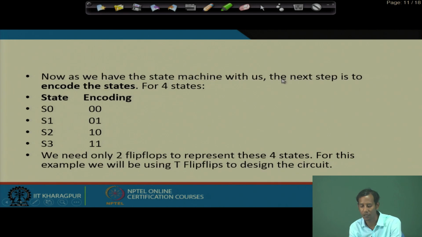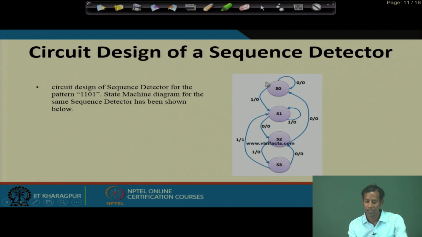If it is 0, the output will also be 0. If S0 finds 1, it goes to the S1 state.